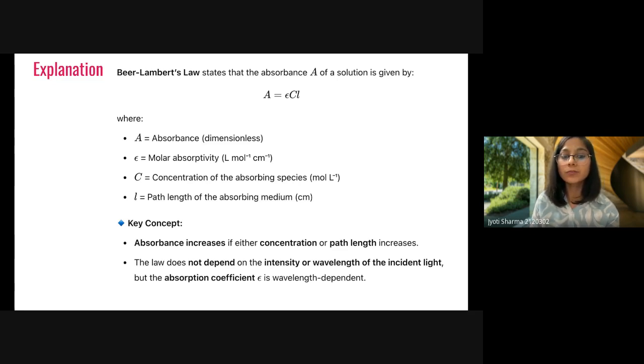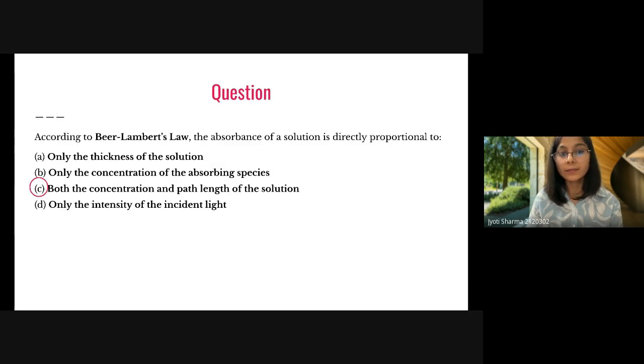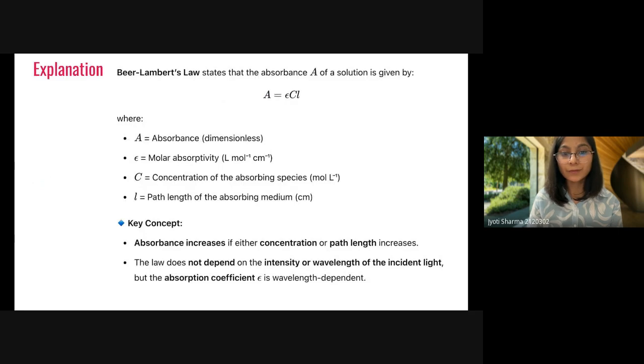That's why the absorbance increases if either the concentration or path length increases, and that gives you the answer C, both the concentration and the path length of the solution. Right?